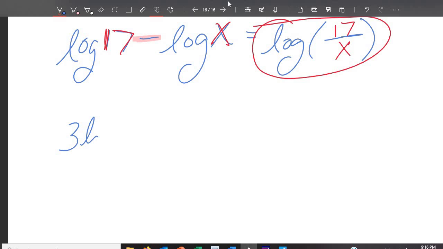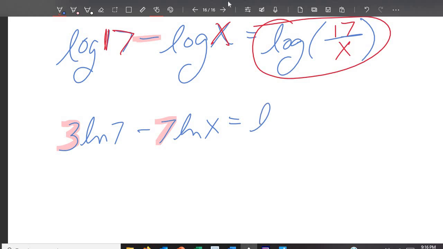So I had 3 ln 7 minus 7 ln x. Now, because there's numbers in front, we have to do the power rule first.